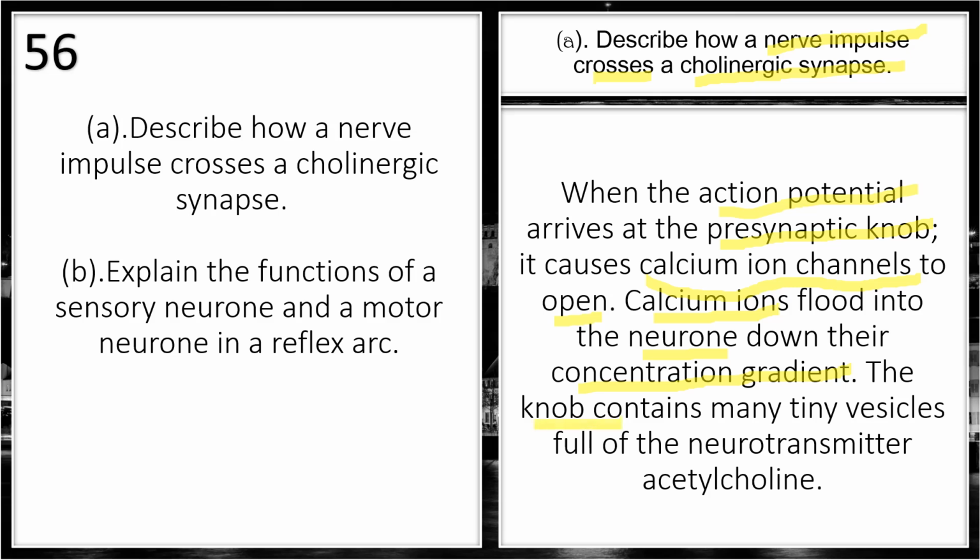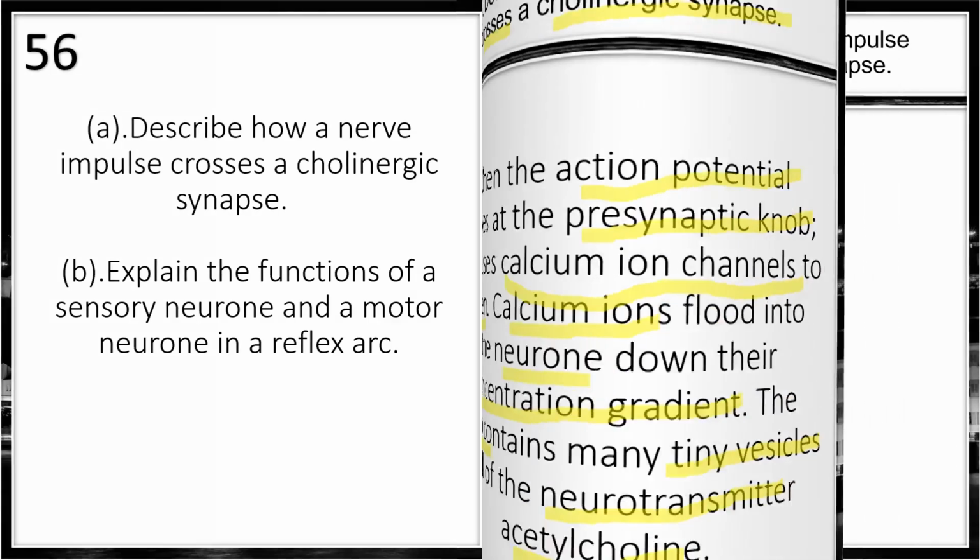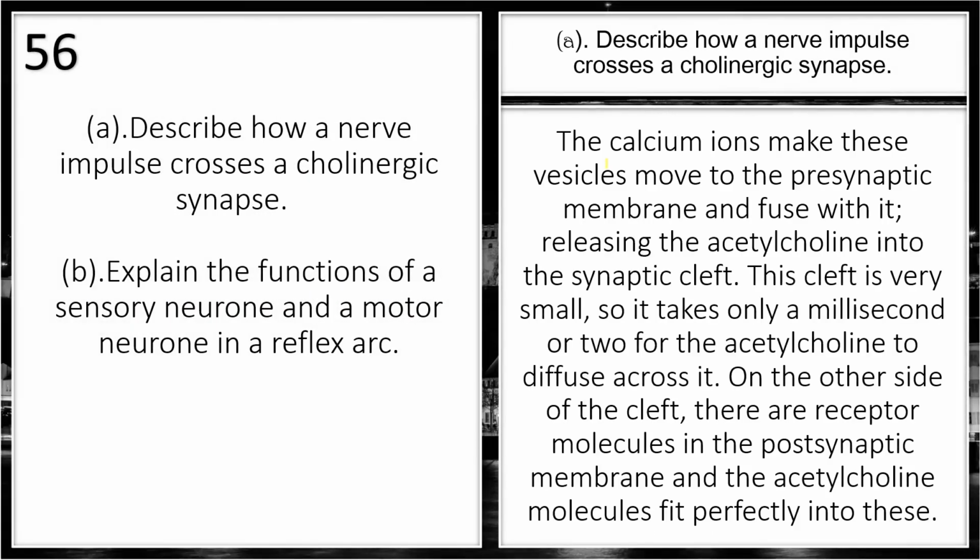The knob contains many tiny vesicles full of the neurotransmitter acetylcholine. The calcium ions make these vesicles move to the presynaptic membrane and fuse with it, releasing the acetylcholine into the synaptic cleft.